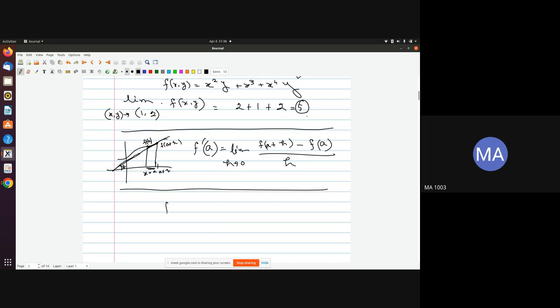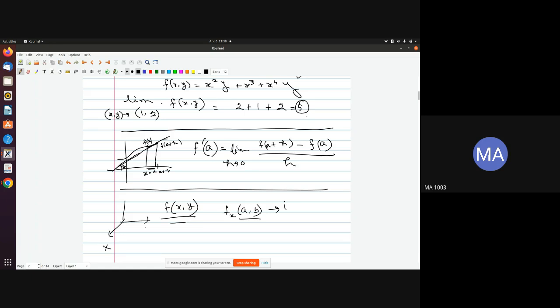Same type of thing we can do in our multivariable function. There are more than one variable now. Suppose there are two variables x, y. Whatever I am doing for two variables can be extended to n variables. There is nothing special about two. So now if I want fx of a comma b, what does it mean? It means increment along the x axis, along the x direction.